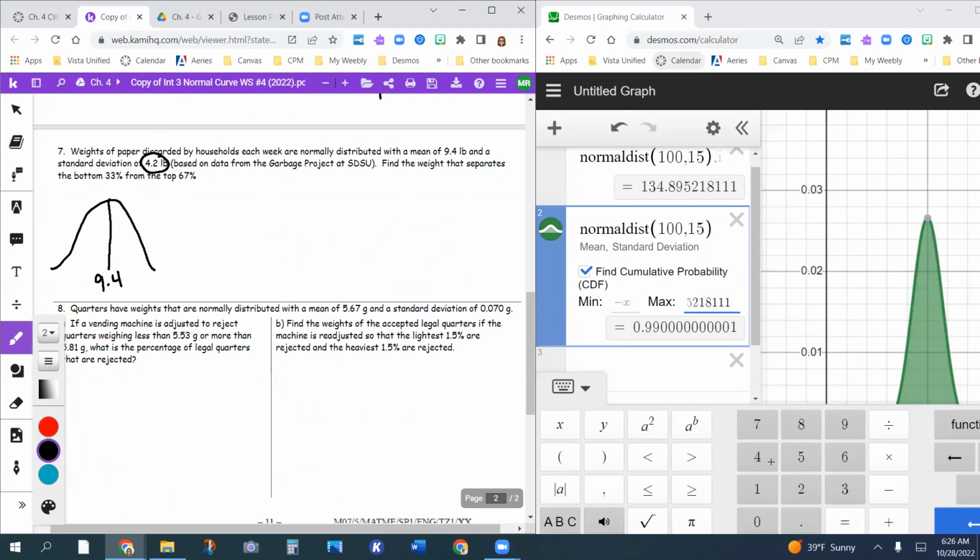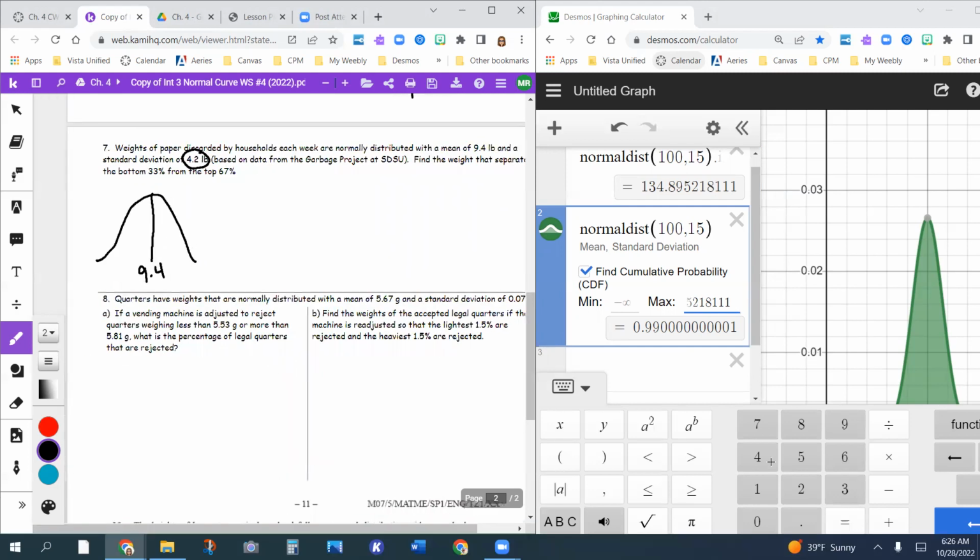Find the weight that separates the bottom 33% from the top 67%. So the bottom 33% to the top 67%.